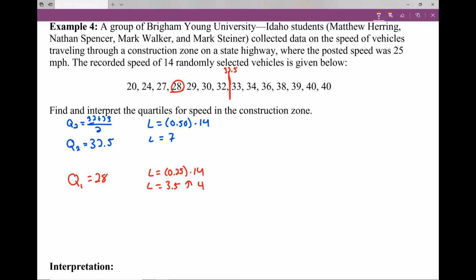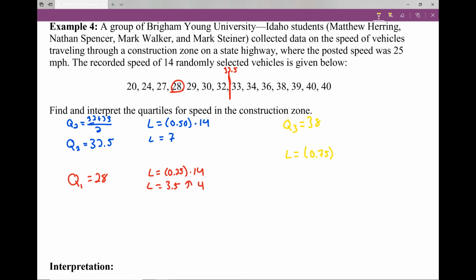Now let's look at Q3. Q3 is this upper half, the median of the upper half, which I get 38. Let's look at the position the same way that we did the others, and that's going to be L is equal to, this time it's Q3, so that's 0.75.